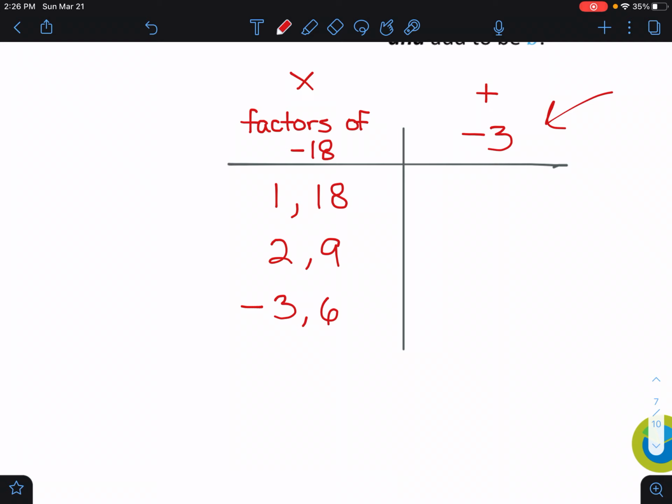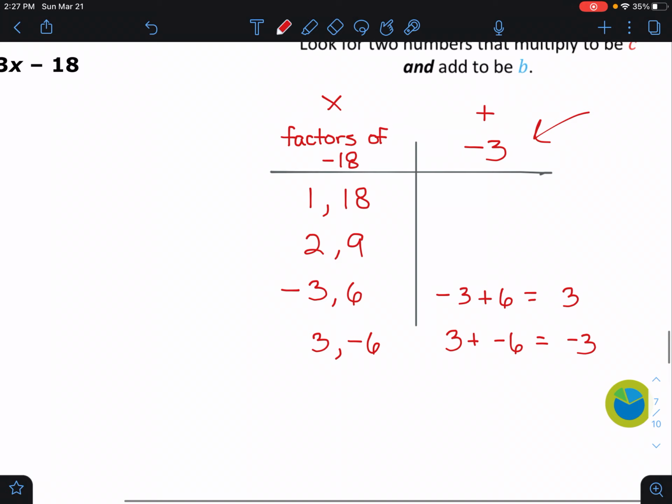Is it going to go here? Well, negative 3 plus 6 gives you positive 3. Close, but not quite. So that means I might need to put the negative on the 6 instead. So now I have 3 plus negative 6. Well, that's negative 3. If you're not sure, use your calculator. But that's then the pair that I want to use.